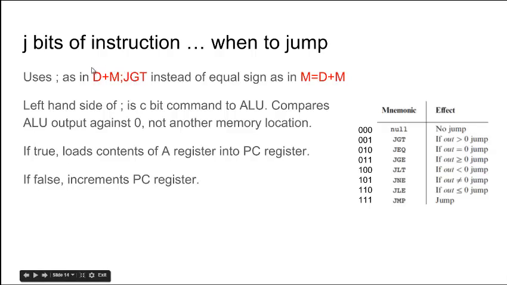So here the output of this instruction to the ALU is checked to see whether it's greater than 0. And if that's true, then it jumps. If it's true, then it loads the contents of the A register into the PC register. So really the jump instruction is manipulating the program counter. If it's false, it just goes to the next instruction. So it just increments the program counter as is normal.